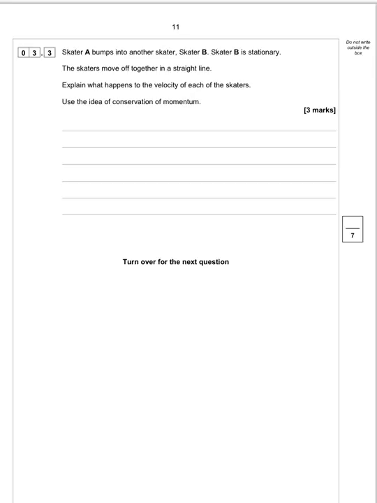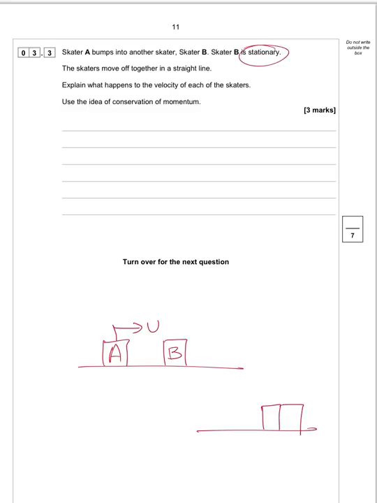So, moving on. 3.3. Skater A bumps into another skater B. So in this situation, it tells you that skater B is stationary and skater A collides with him, okay, with an initial velocity of u, and then afterwards, okay, they move off together as one.